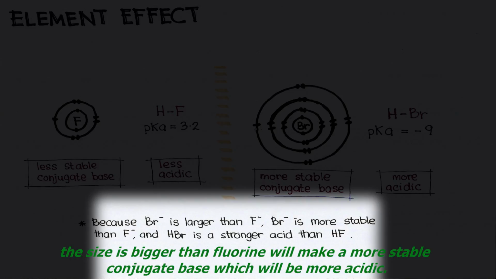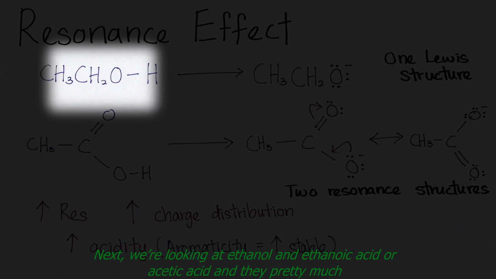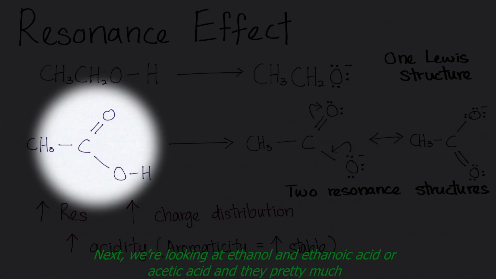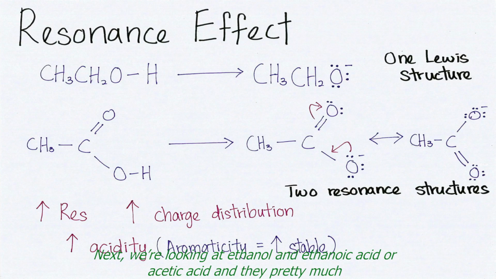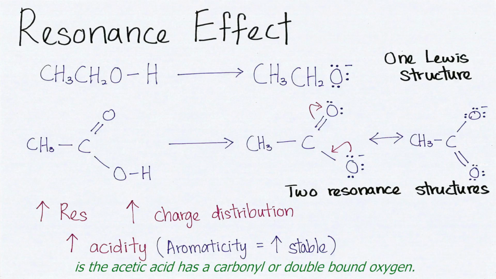which means more acidic. Next, we will be looking at ethanol and ethanoic acid, or acetic acid, and they have pretty much the same structure. Both have a two carbon chain and an OH; the only difference is that acetic acid has a carbonyl, or double bond oxygen.